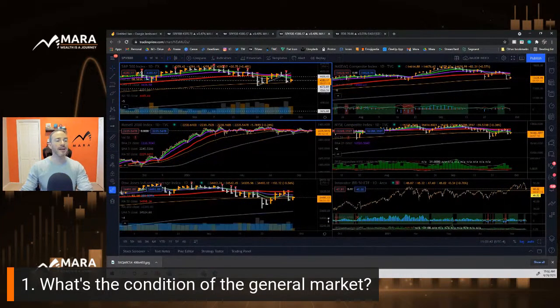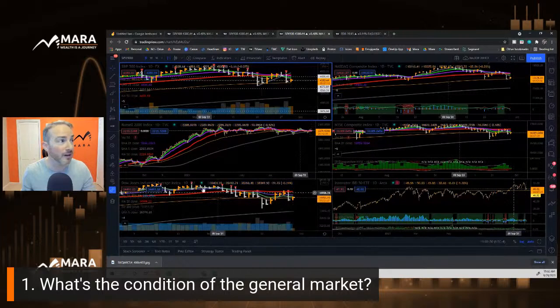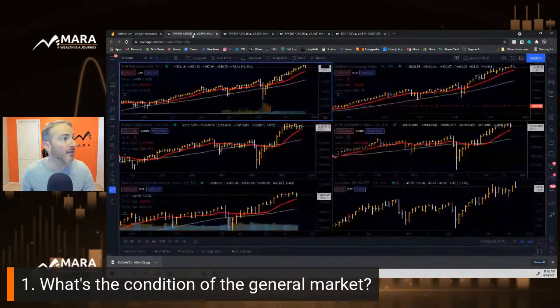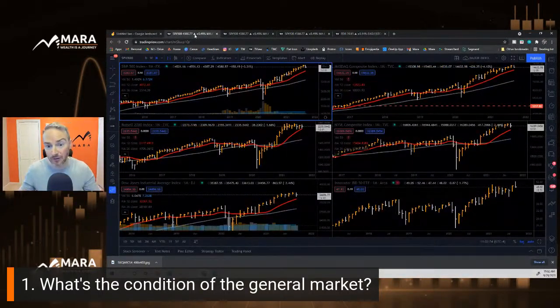I like to look at it in a couple of different steps. So the first step to figuring out what the market condition is first by looking at the major indexes for stocks. If you happen to be trading forex or crypto or any other asset class, the same broad concept still applies.